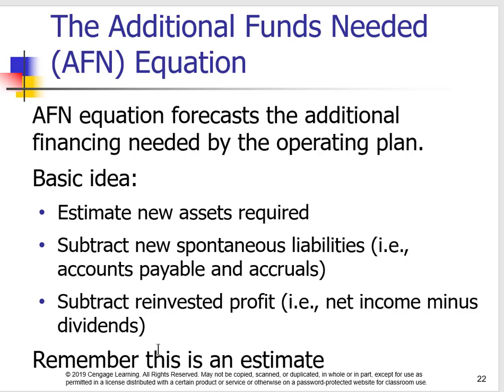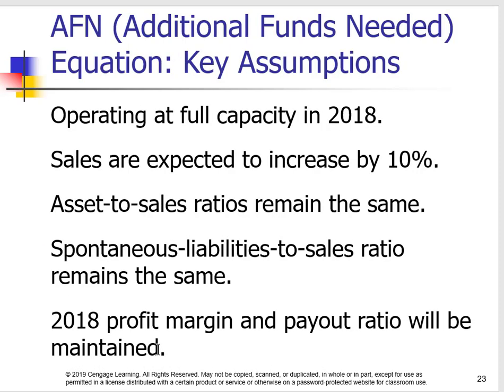We need to identify the spontaneous liabilities. We then need to subtract any reinvested profit, and that will help us identify the actual additional funds that we need. Now, this is an estimate. It's a little bit quicker, but it can give us an answer pretty quickly how much money we might need moving forward.